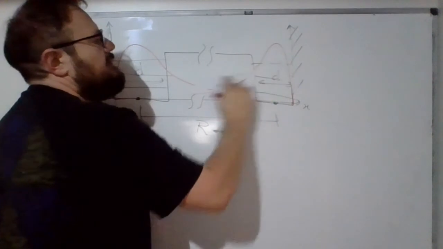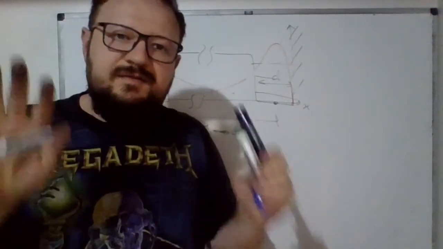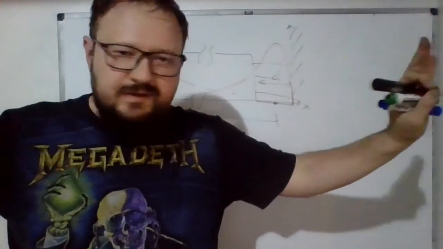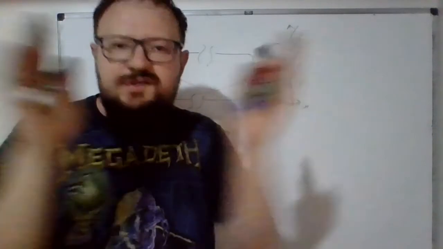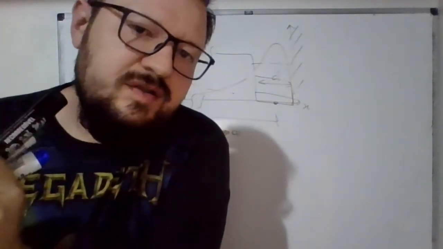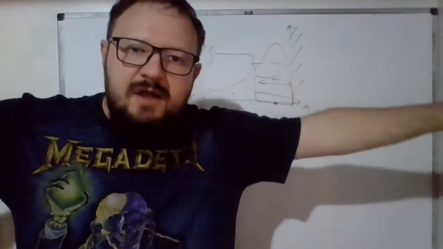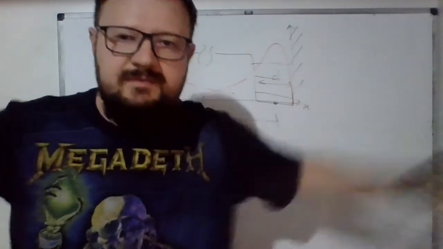My plot here is not so good, but suppose they are the same solutions. And at first, these two wells, these two boxes, do not see each other. They are apart a very large distance, all right?